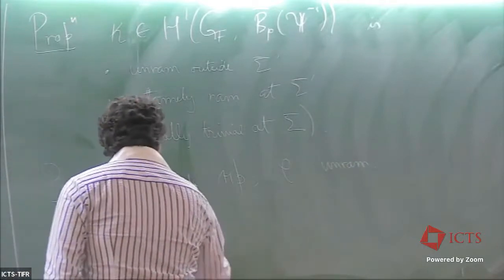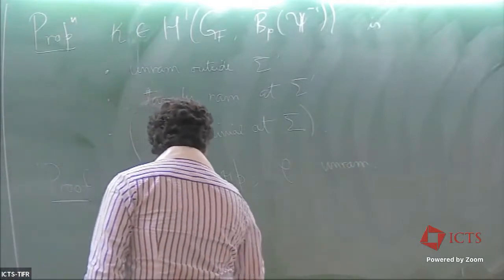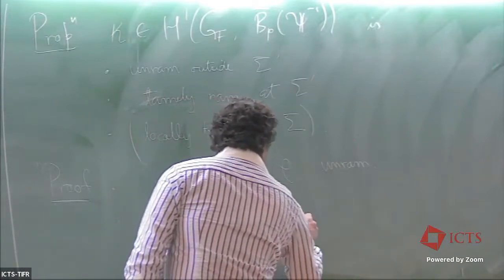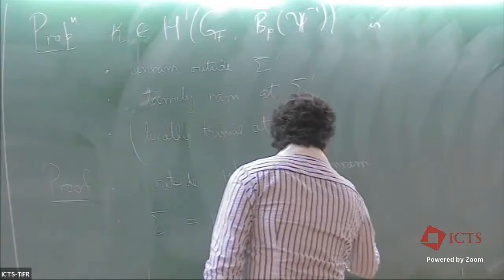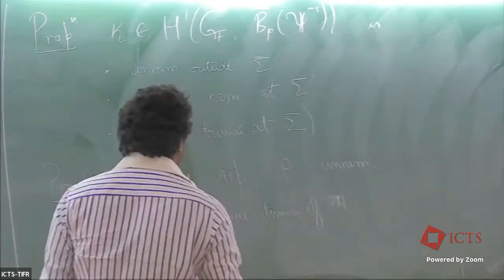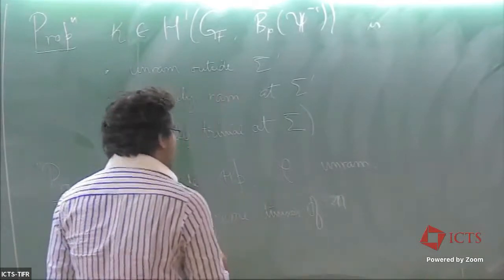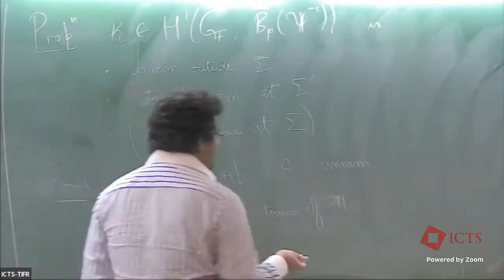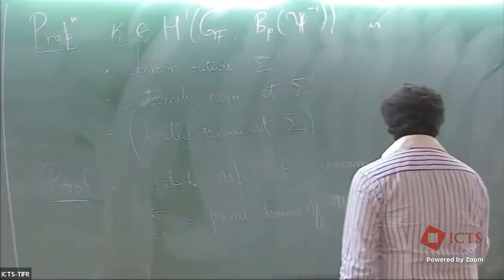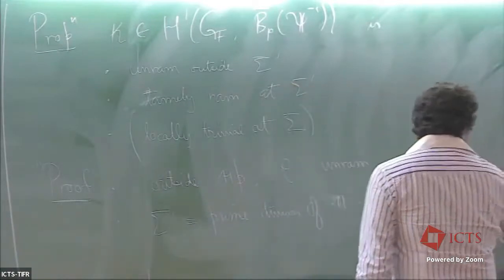Sigma prime is all prime divisors of N, because again we are in case 1. So we have to show that at places in N we have at most tame ramification. None of these places are above P. So wild inertia is pro-L, right?